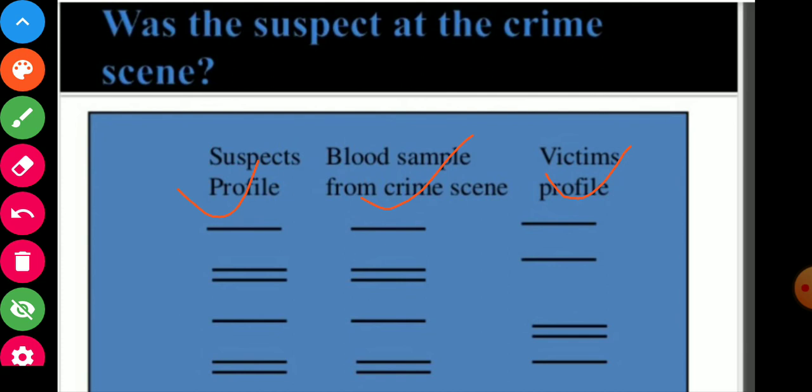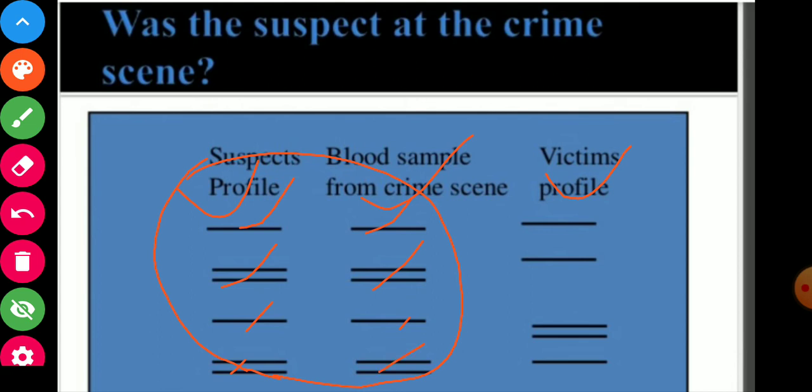So you can see the pattern. The DNA fingerprint pattern is matching with the suspect profile; these two bands are matching.